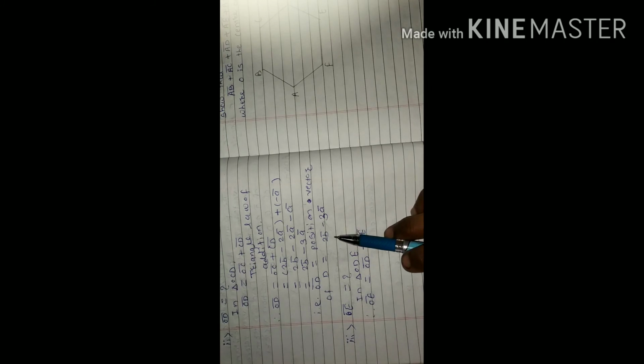We know that the value of OD bar, the position vector of D, is 2B bar minus 3A bar.